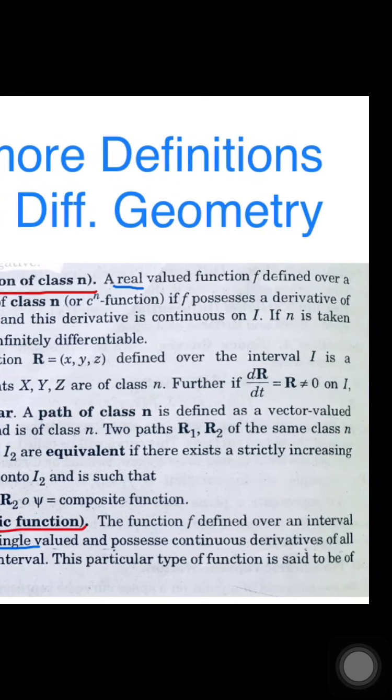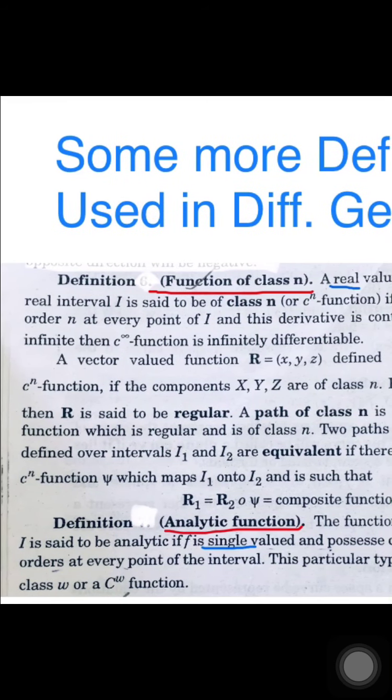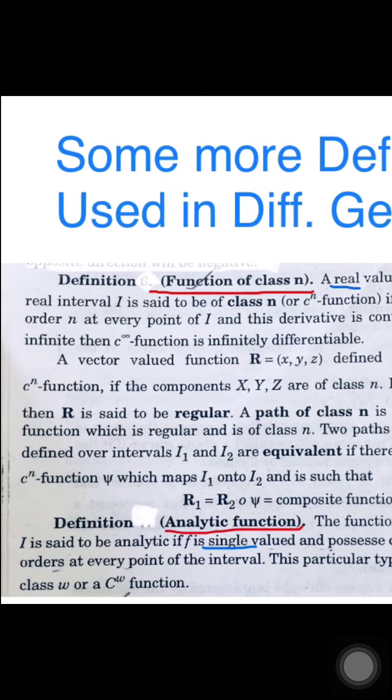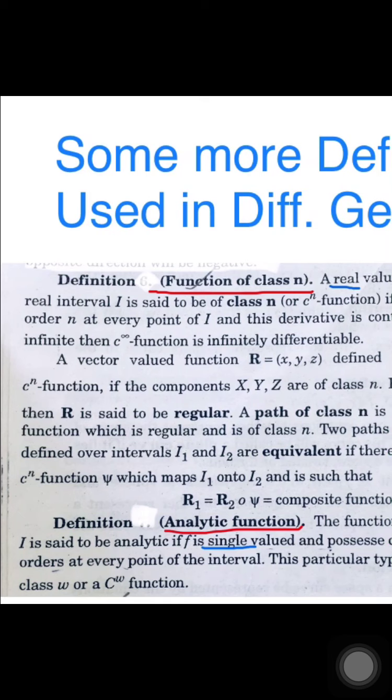Two paths R1 and R2 of the same class n, defined over intervals I1 and I2, are equivalent if there exists a strictly increasing function of class n, let's say psi, which maps I1 onto I2, such that R1 equals R2 composed with psi, that is also called a composite function.